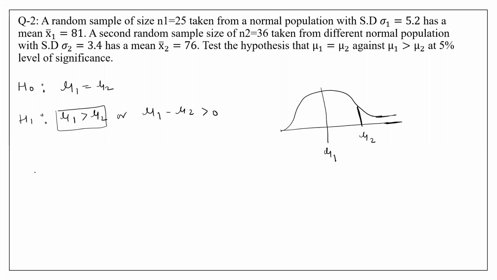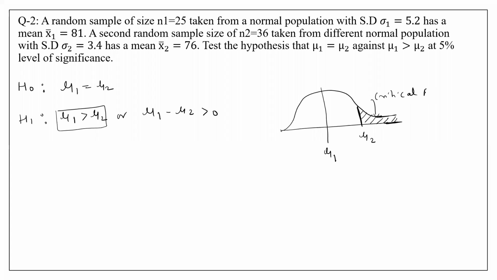Notice the notation they have used: a specific condition that mu1, the mean of population 1, should be greater than mu of population 2. So if your value lies here, this will be your critical region.